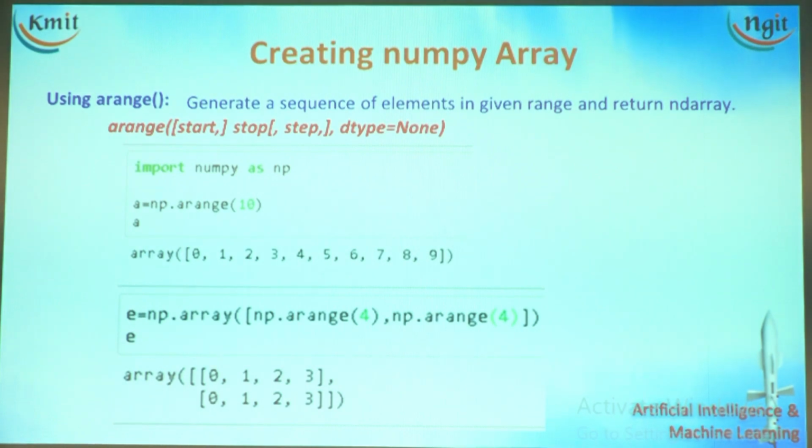I used arange of 4 twice so that I get a two-dimensional array. So 0, 1, 2, 3, 0, 1, 2, 3. Rows and columns. Now this is like a matrix. A one-dimensional array was like a vector and a two-dimensional array resembles a matrix, right? Are you with me? You are all doing?